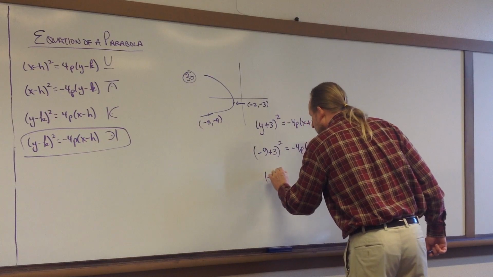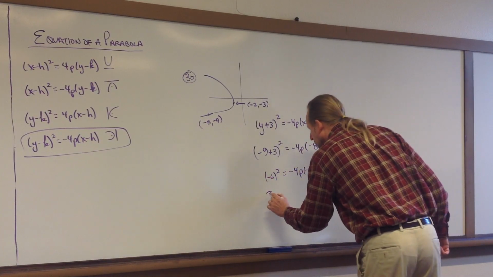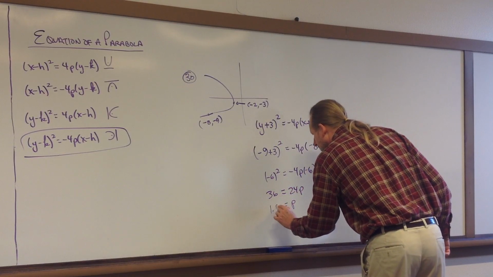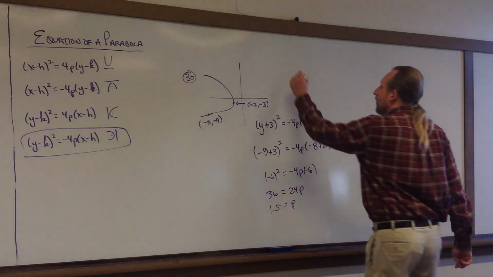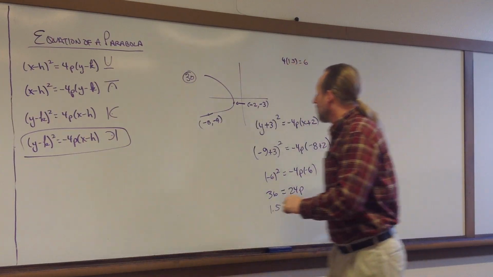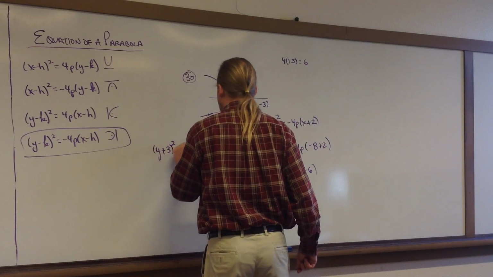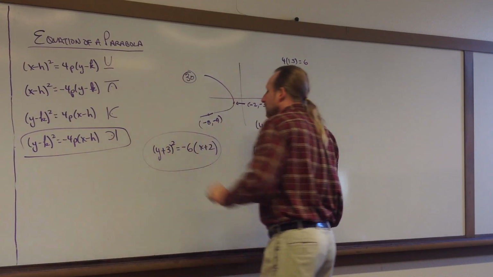So (-6) squared equals -4p times -6, 36 equals 24p. p is 1.5. Okay? So 4 times 1.5 equals 6. And so our standard equation now, (y plus 3) all squared, equals -6 times (x plus 2).